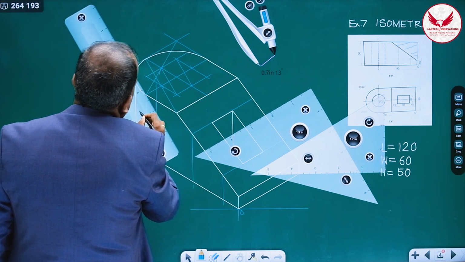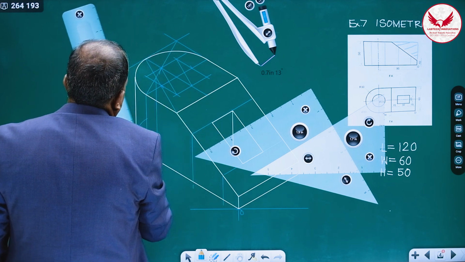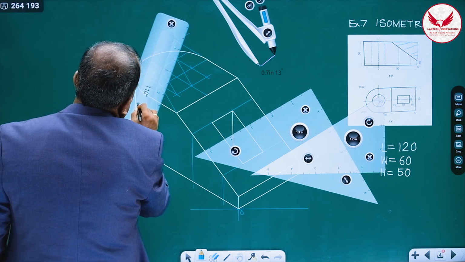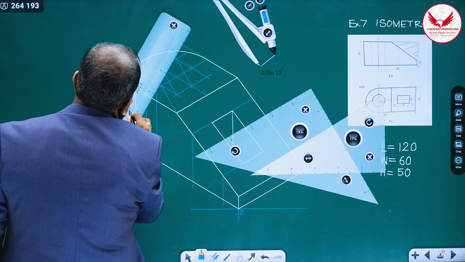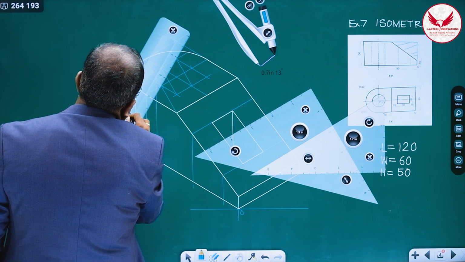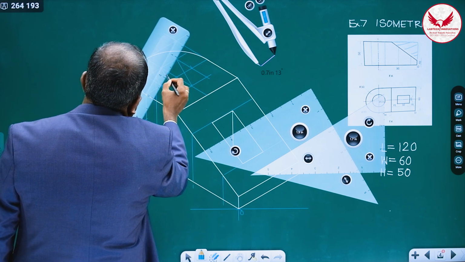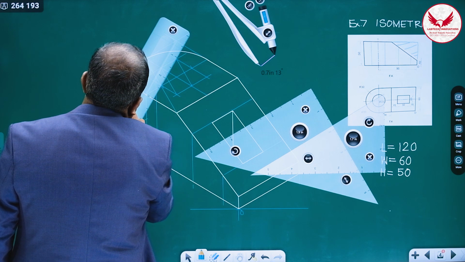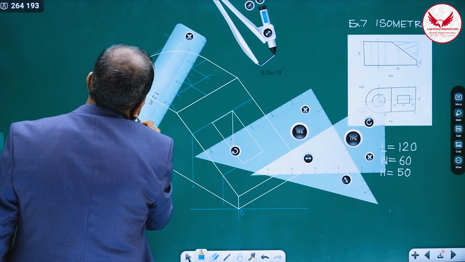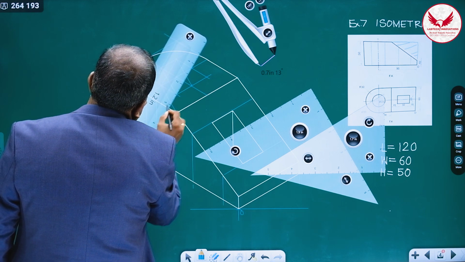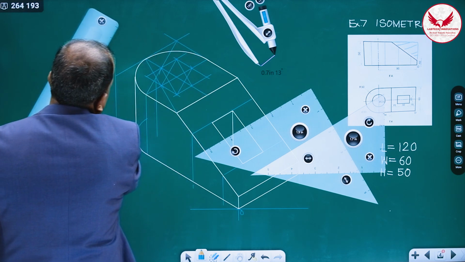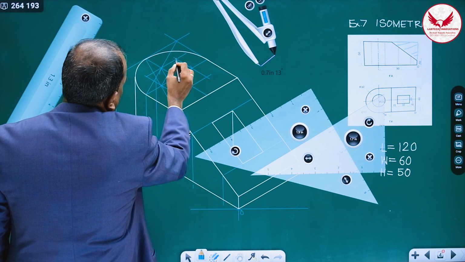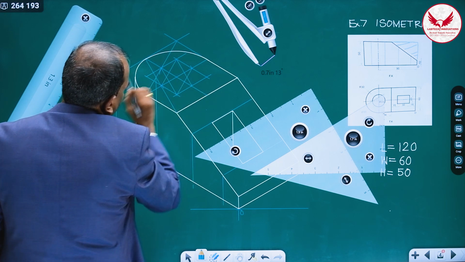Then similarly, again the midpoint of the opposite side, and from this center, the midpoint of the opposite side. We'll get 2 more centers. So it is 1, 2, 3, and 4.